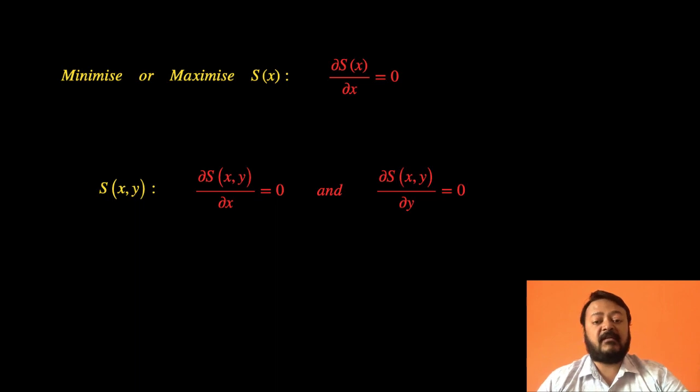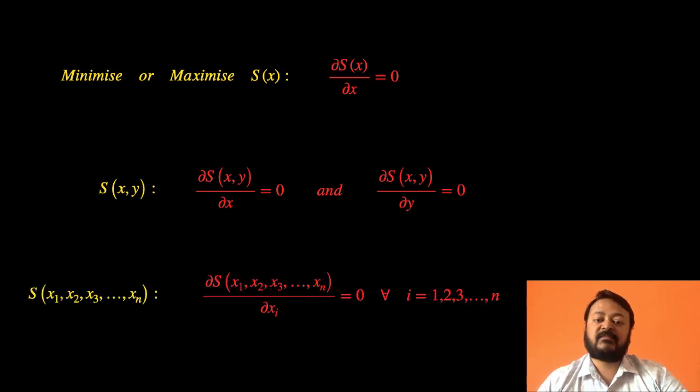Similarly, you can have a function of many variables, let's say x1, x2, x3 up to xn, and then in order to find the maxima or minima, you need to take partial derivatives with respect to each of the variables xi. So you will have n partial derivatives, and if you equate all of them to 0, you will have n equations which you need to then solve.